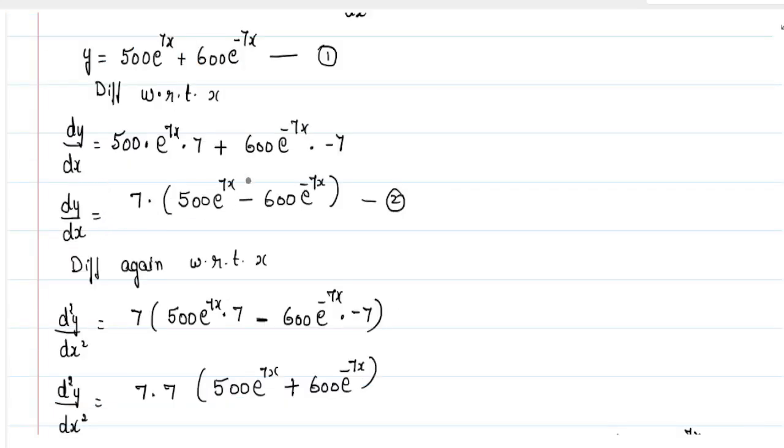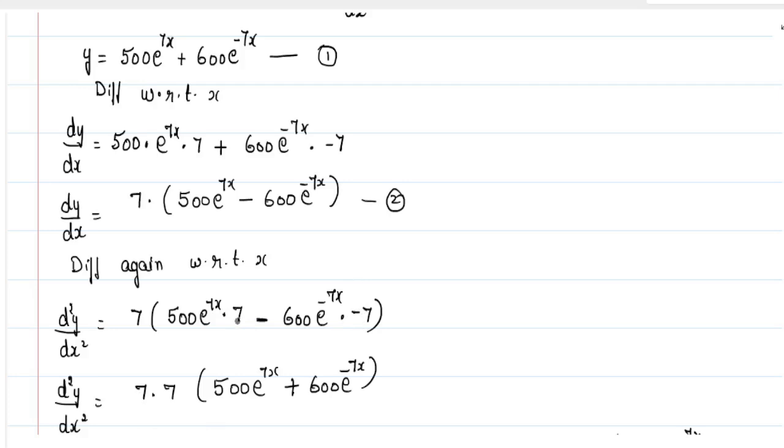Now differentiate this function again with respect to x. So we'll get d square y by dx square is equal to 7 into differentiation of 500 into e raised to 7x, which is 500 into differentiation of e raised to 7x, that is e raised to 7x itself into differentiation of 7x, which is 7, minus 600 into differentiation of e raised to minus 7x, which is e raised to minus 7x itself, and differentiation of minus 7x is minus 7.